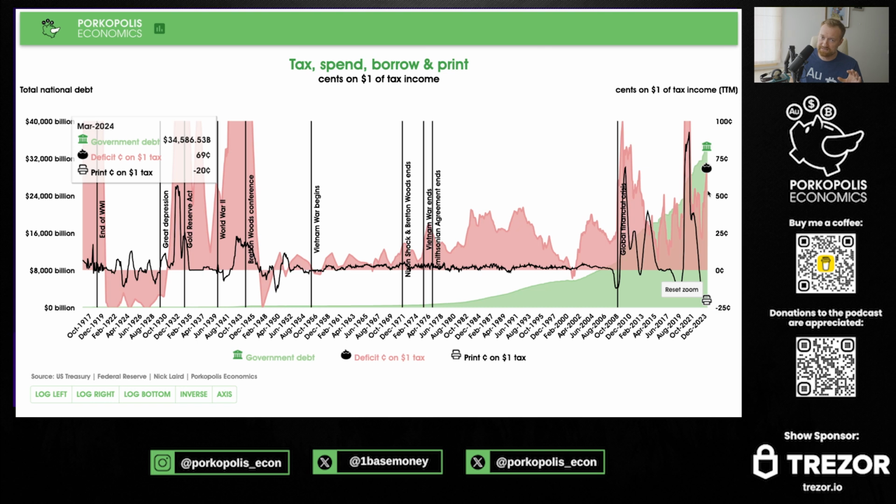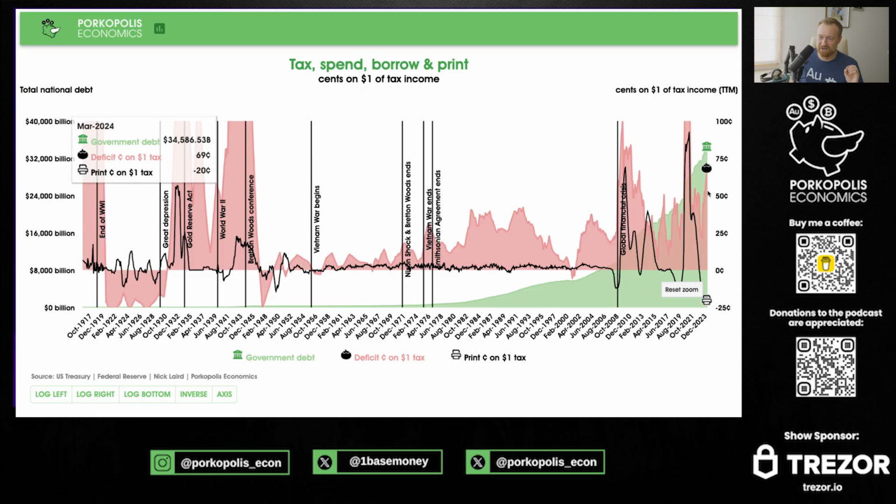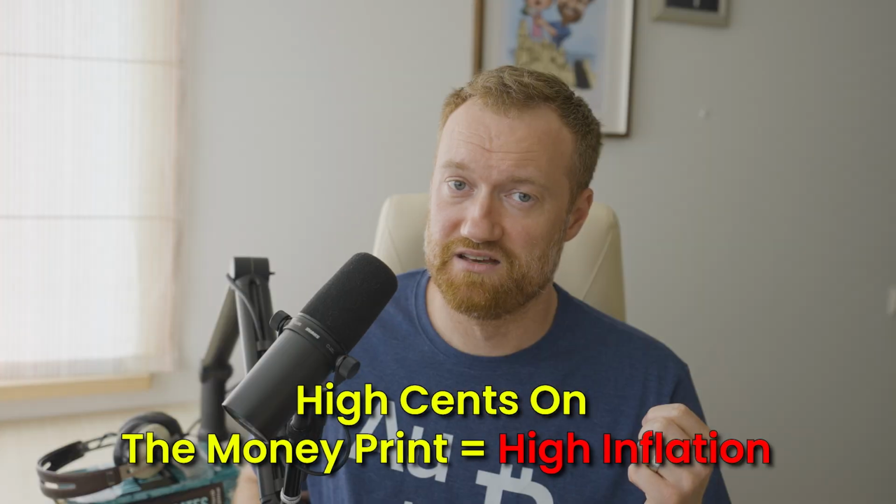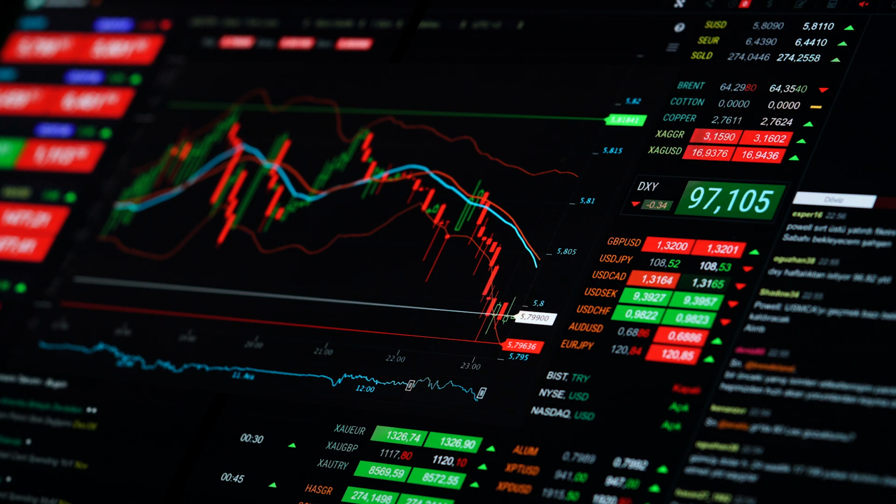But the print is typically not that high, which is why MMT people say you can do more of it without consequence. That's the key point to look at. If that cents on the dollar money print becomes very high for a long period of time, you're going to have high inflation and you're going to have structural problems within the economy. But they don't believe that's a problem.